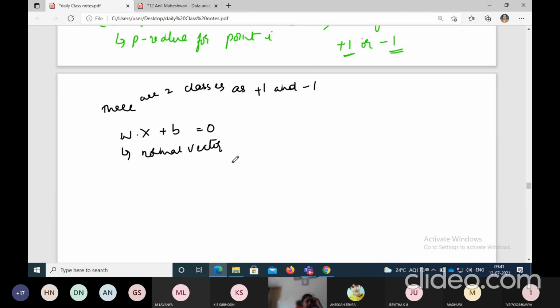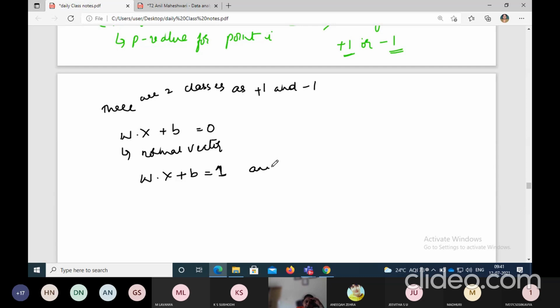And we already know the x value. Okay. So the margins can be defined by the hyperplanes given by the equation W dot x plus b is equal to +1, because we know that only two values are considered for the two classes.